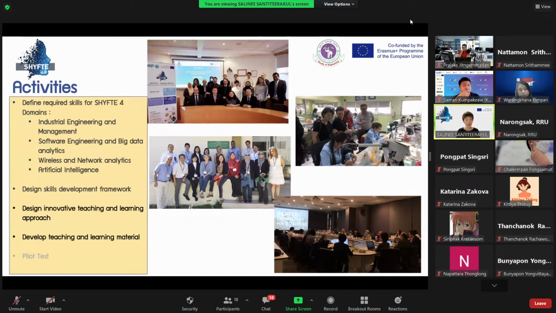For example, Chiang Mai University and Kasetsart University work together on the first domain, industrial engineering and management. The universities from China, Chengdu University of Information Technology, work on the second domain, software engineering and big data analytics. And the other 2 universities from Malaysia work on wireless network analytics and artificial intelligence.